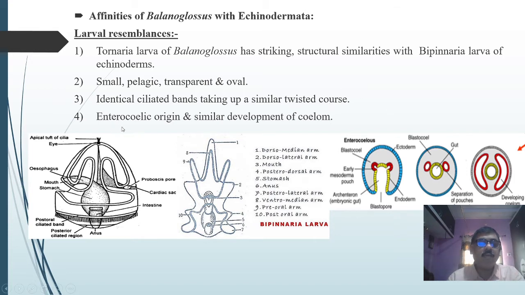And in both, the coelom is of enterocoelic origin, as we just discussed, with similar development of the coelom. So these are the larval resemblances, meaning the larvae resemble each other: the Tornaria larva shows similarity with the bipinnaria larva up to a certain extent.